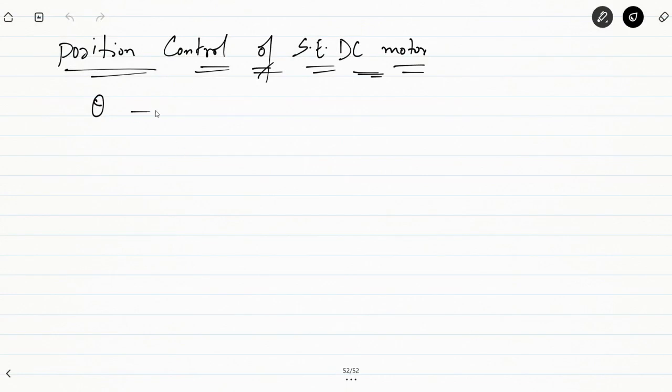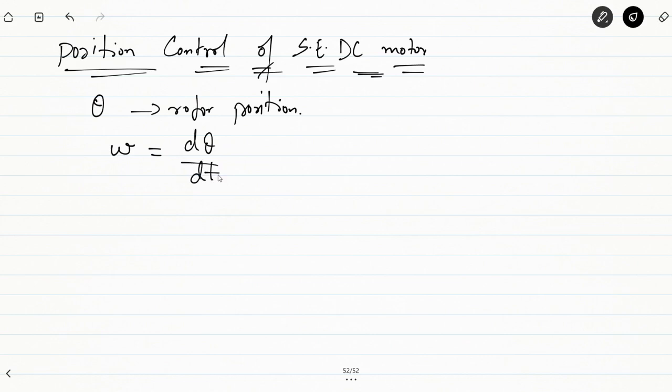So how can we control the position of the rotor of a separately excited DC motor? For that we need to define theta as a state variable of the system. But how do we know that theta can be a state variable? We already know that omega, the angular speed, is equal to d theta by dt.